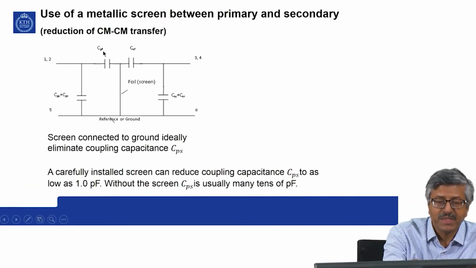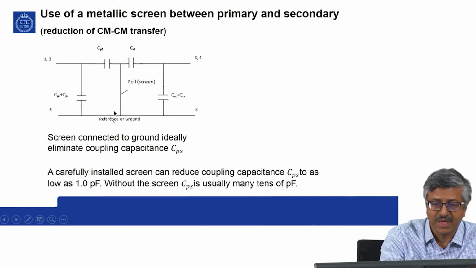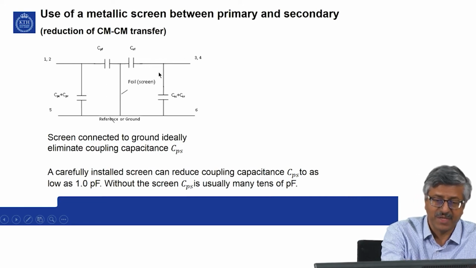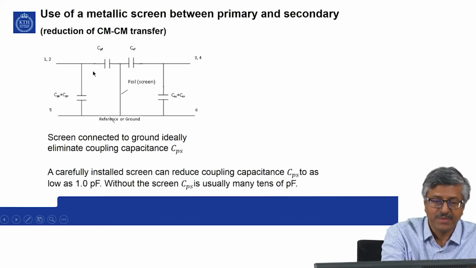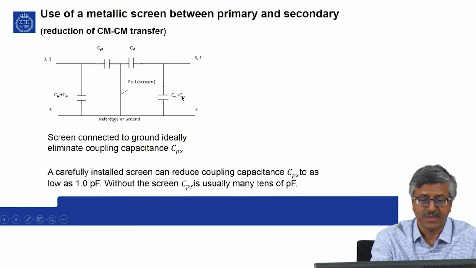One part is primary to foil and the other part is secondary to foil. These are connected together. So, you can see that there is no direct transfer between primary and secondary, the transfer is to the ground, and these two become parallel.